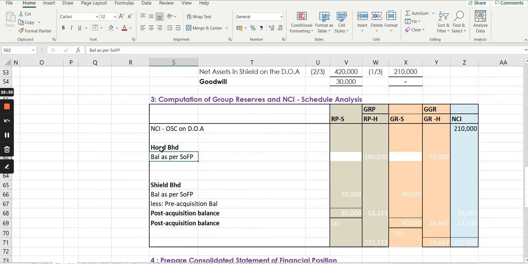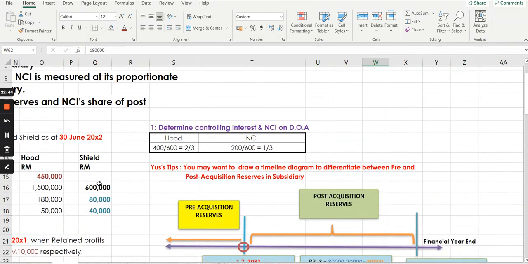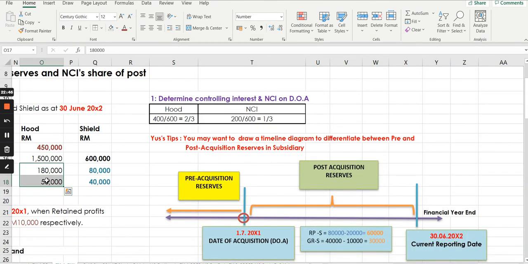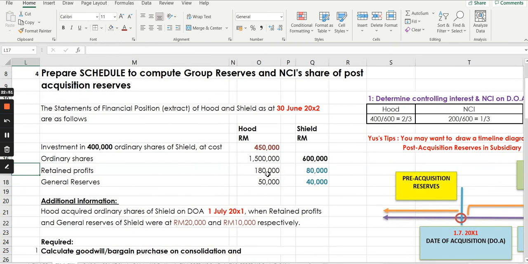I'm starting off with what belongs to the parent first. I'm going to take the balance available in the parent as per the CSOFP. This is the parent's information relating to retained profit and general reserve.